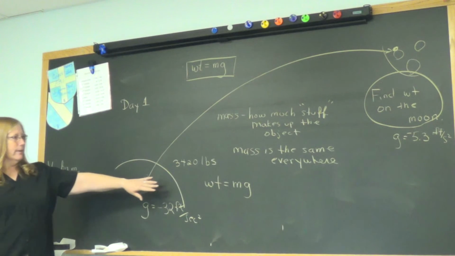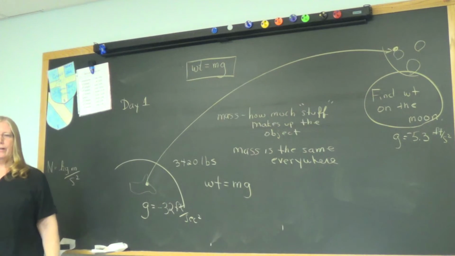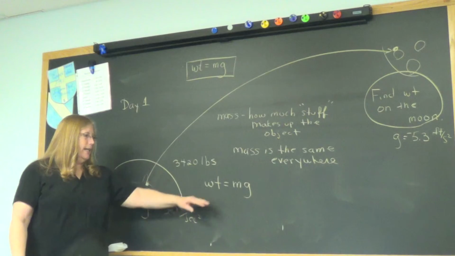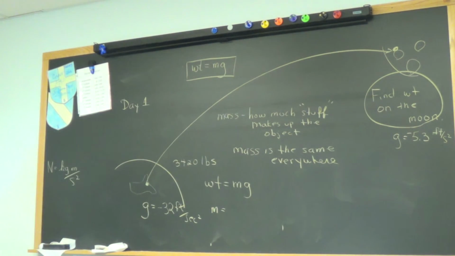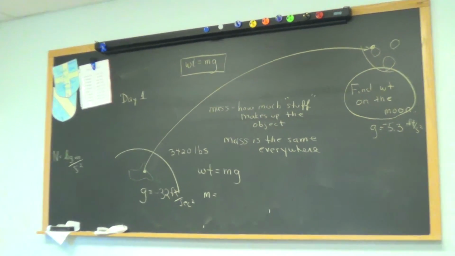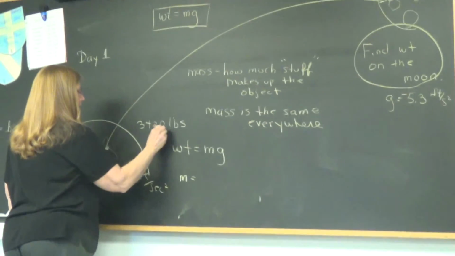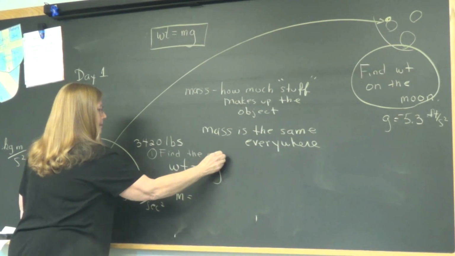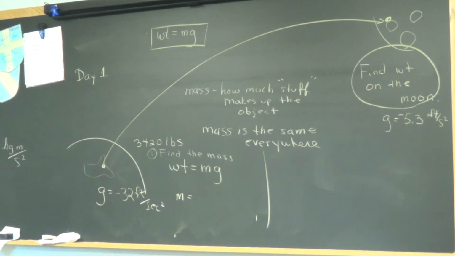Would you do that now and find the mass of this huge 3,420 pound object, using the weight formula? Let me know when you've got that. Flag me down and I'll peek at it. Step 1, find the mass.